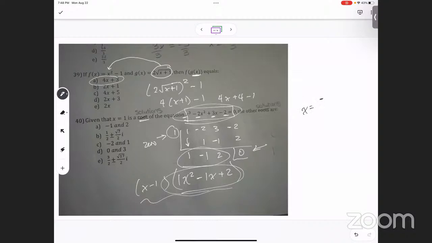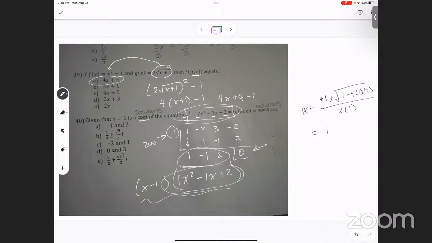So it's negative b, which is positive 1, plus or minus the square root of b squared, which is 1, positive 1, minus 4ac all over 2a. Oh, there's an i in here because this is a negative number. Do you see how that's a negative? Let's see, negative b plus or minus square root of b squared minus 4ac.